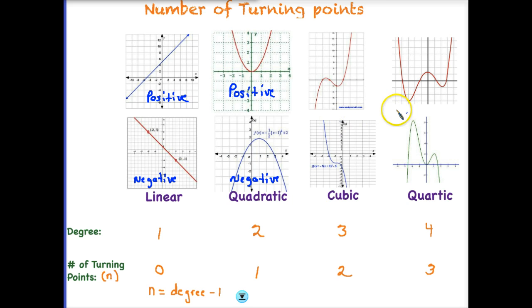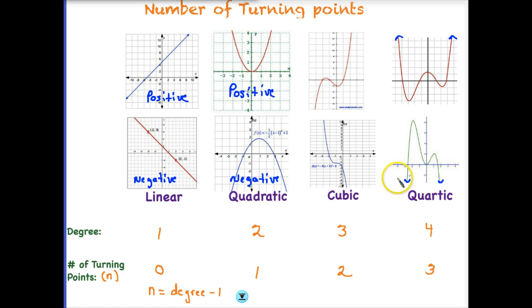Now if you'll notice the difference between a cubic and a quartic, the cubic looks more like a linear. We have one end of a line going one way, and the other end of that same line going a different direction. Whereas if you look at the quartic, both ends go in the same direction, like this, here, and on this one, here and here.